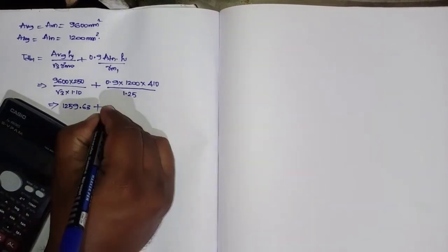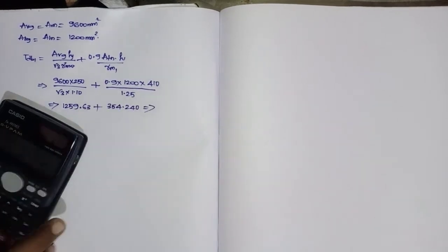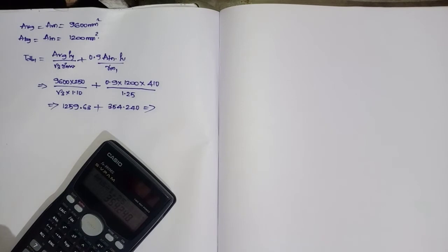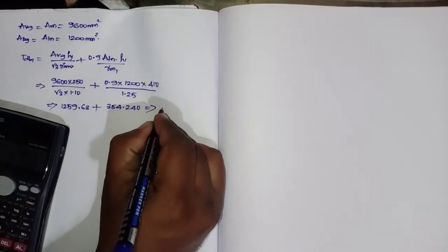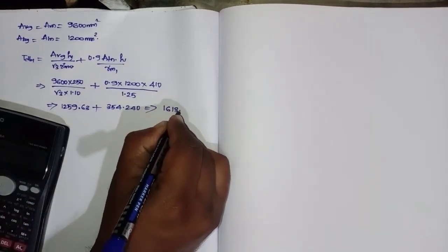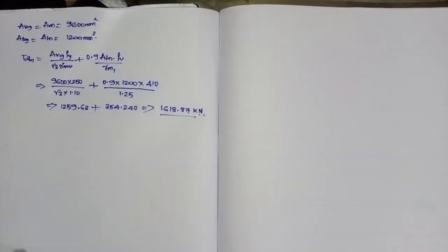So 354.240. Altogether 1259.63 plus 354.24. So 13.87 kilonewtons, right?